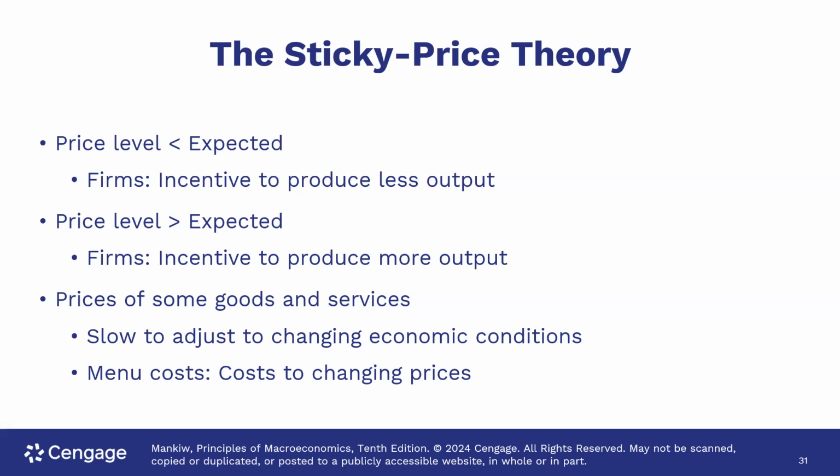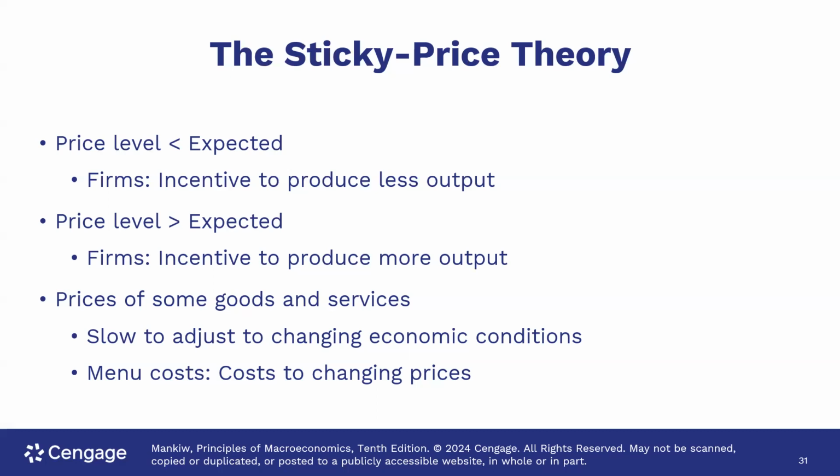You can consider that the firm will set their price as an expected price level. Now if the price level actually becomes much higher, the firm cannot immediately change their price to that higher level. So now what will happen?